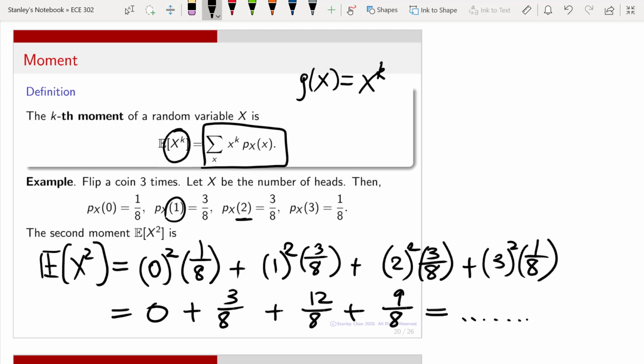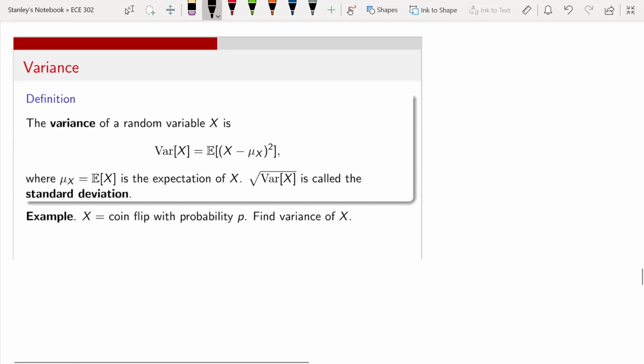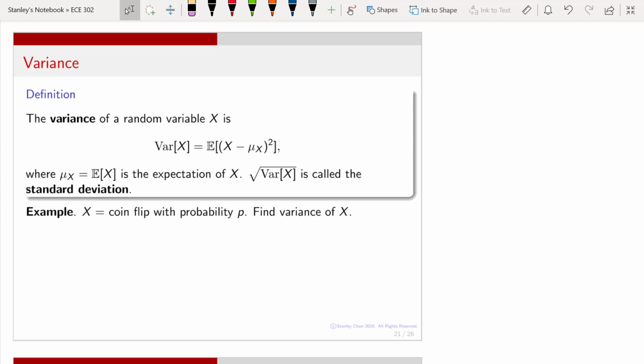So the kth moment is a very simple example of the properties of expectations. With the moment in mind, we can now define the notion of variance. The variance of a random variable is defined as the expectation of x minus mu squared, where mu is the mean of the random variable.